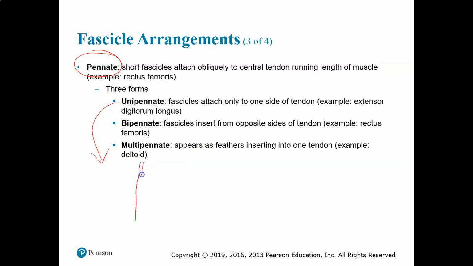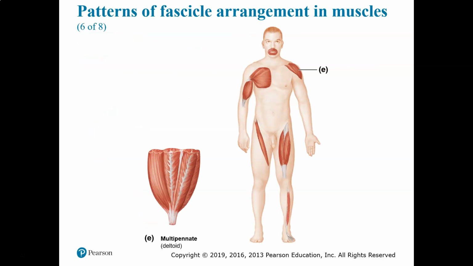It kind of runs down the middle of your forearm, and then it has 5 tendons that attach to all 5 of your digits. And then bipinnate and multipinnate. Bipinnate was the rectus femoris, which has 2 pinnate fascicles, and multipinnate would be like your deltoid.